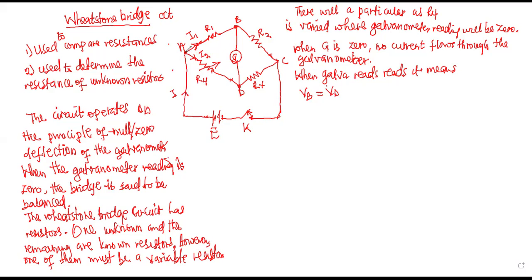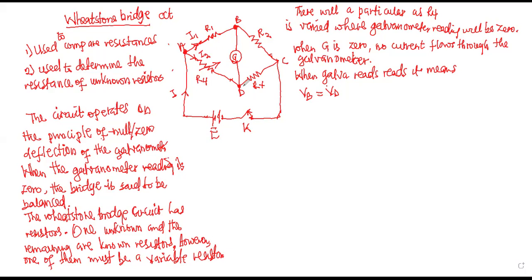The source current is high. When it gets to the junction A, it will break up into I1 and I2. Now, when it gets to junctions B and D, ideally, they are also to break up. But because of the zero reading and the fact that the PD of B and D are the same, current will not flow through the galvanometer line.